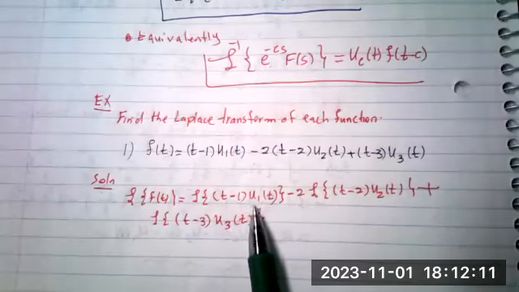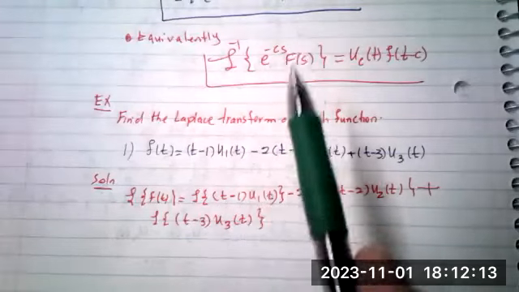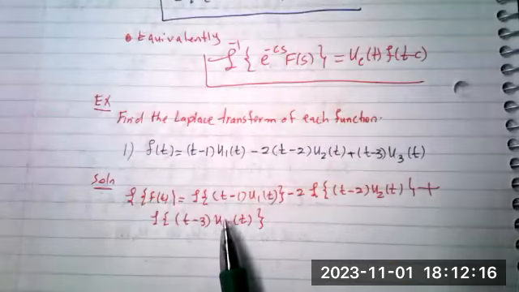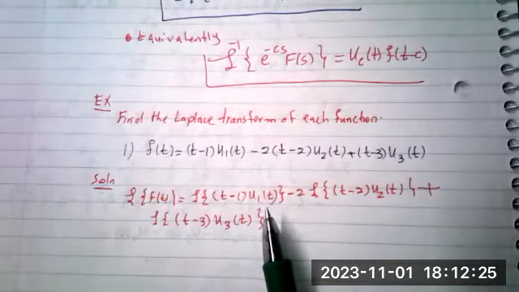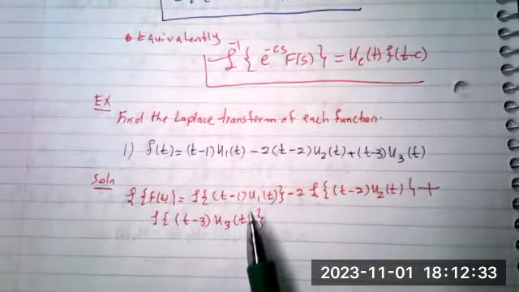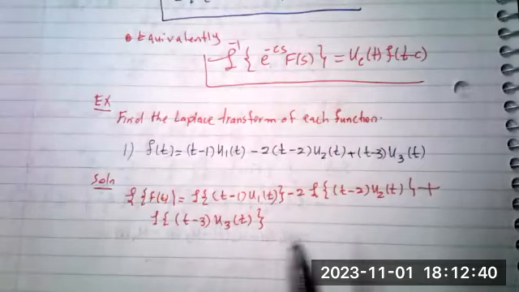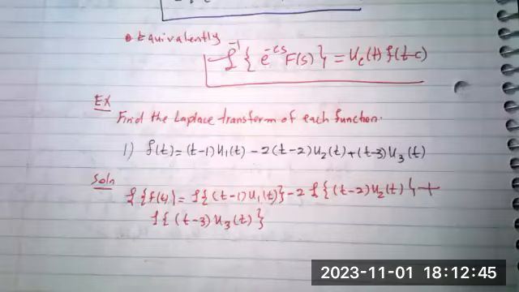According to the formula, it is going to be e to the negative cs, which is e to the negative s, times the Laplace of f of t. Your function is t, so you have to find the Laplace of t only. What's the Laplace of t? 1 over s squared. So the final result would be e to the negative s over s squared. You see, this is the way you operate. If you manage that f of t minus 1, then you'll be able to continue.